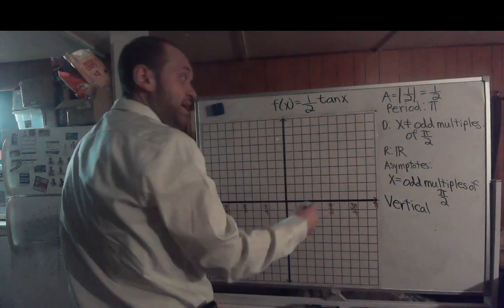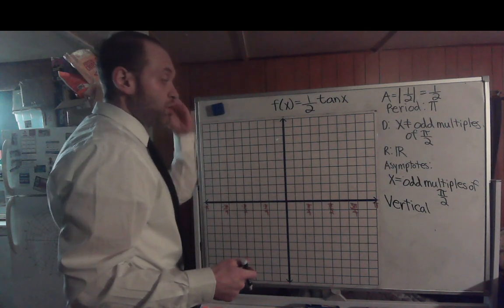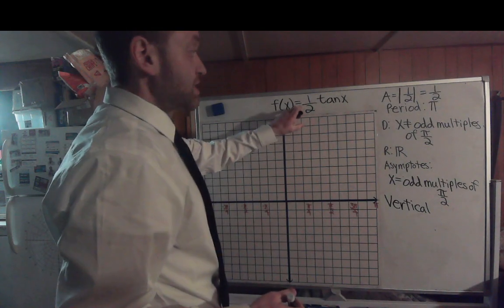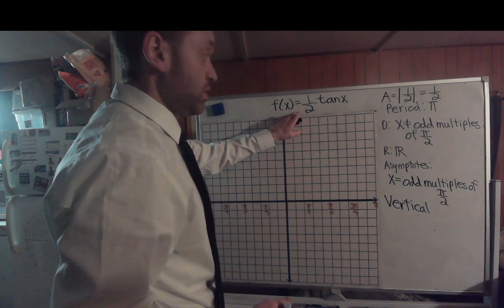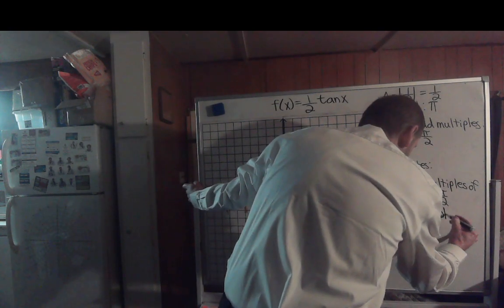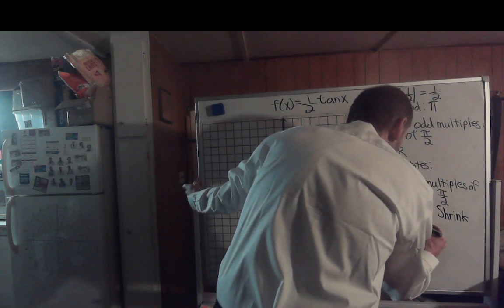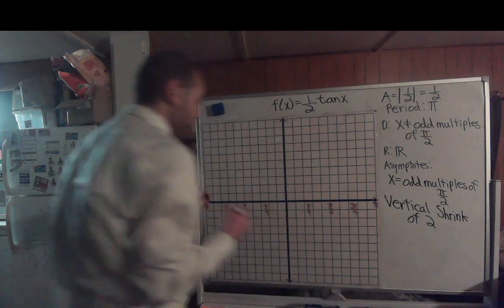Alright, your range is still all real numbers, and then since the coefficient is less than 1 but greater than 0, you have a vertical shrink of 2. You have a vertical shrink factor of 2.